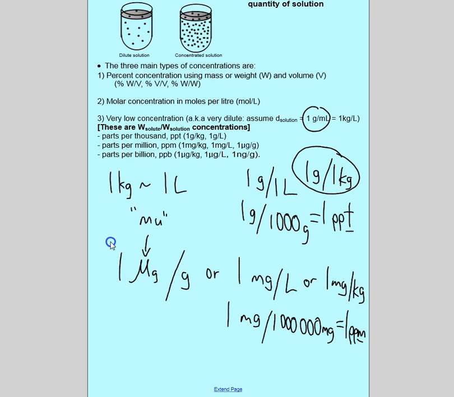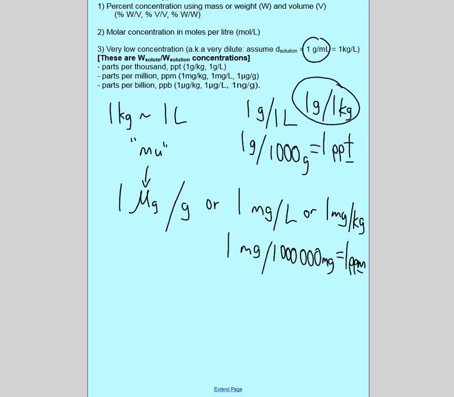Okay, now if we go to part per billion, this one here is our last very low concentration. In this case, now that we've introduced the micro, micro means millionth. If we want to have a part per billion, we really want to end up with 1 mass unit in a billion solution units.